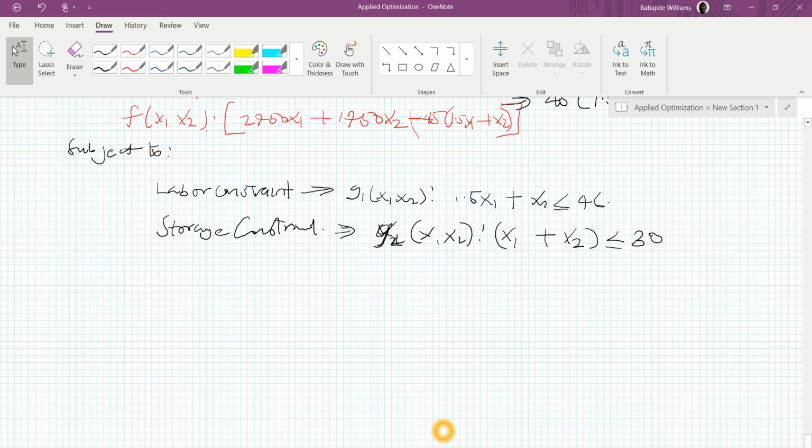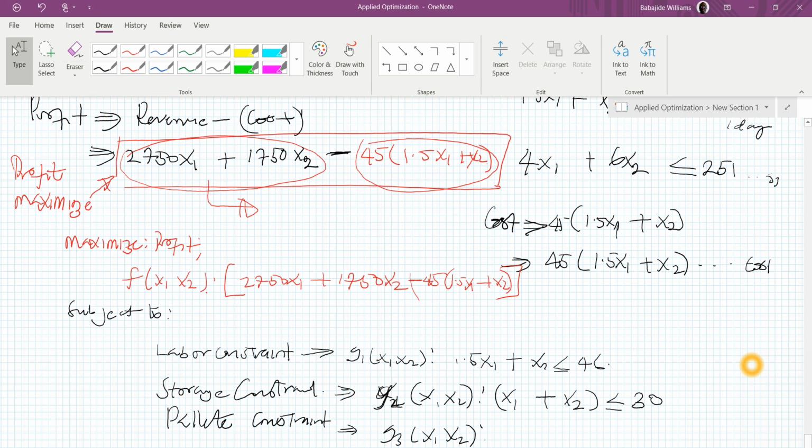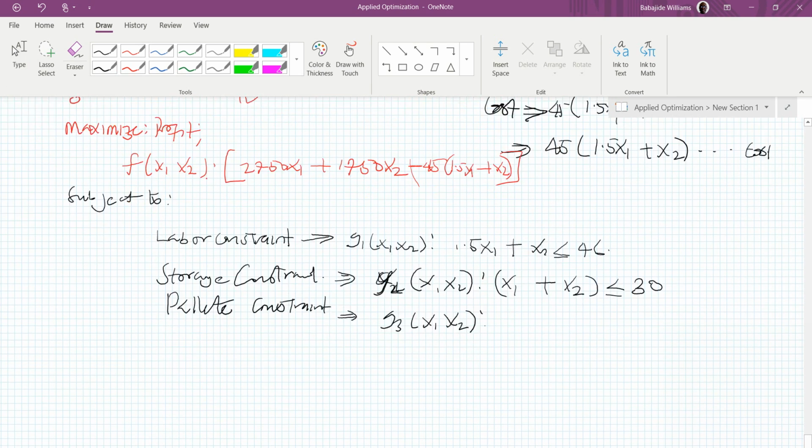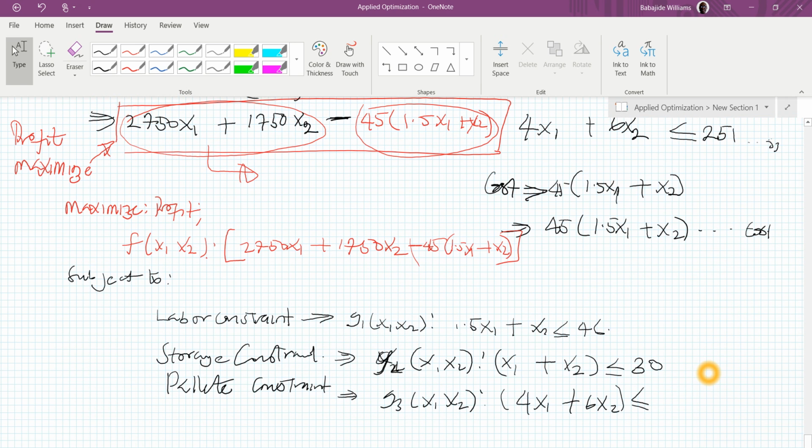What other constraint do we have? The pallet constraint. We can call that G3(x1, x2). The pallet constraint is the one we have here: 4x1 plus 6x2 should be less than or equal to 251.